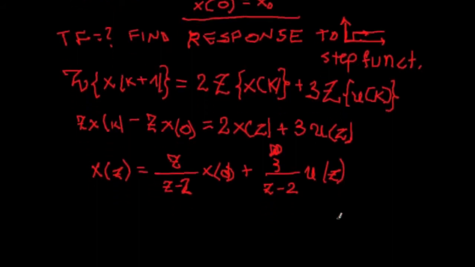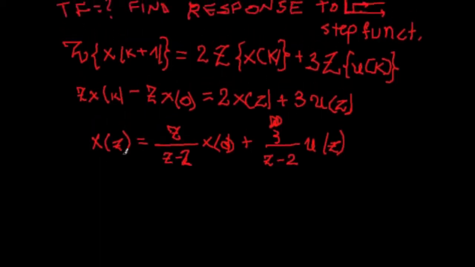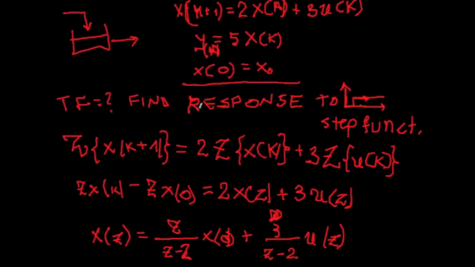Okay, so we have a system response. Of course, we also know that Y of z is equal to the C matrix multiplied by X of z. In this case, it's 5 multiplied by X of z.